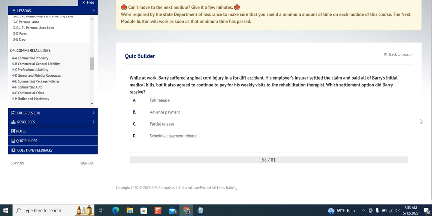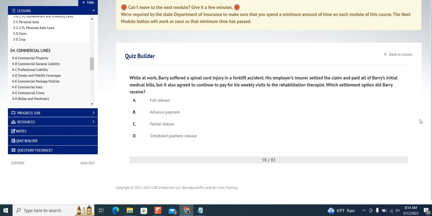While at work, Barry suffered a spinal cord injury in a forklift accident. His employer's insurer settled the claim and paid all of Barry's initial medical bills, but it also agreed to continue to pay for his weekly visits to rehabilitation therapists.